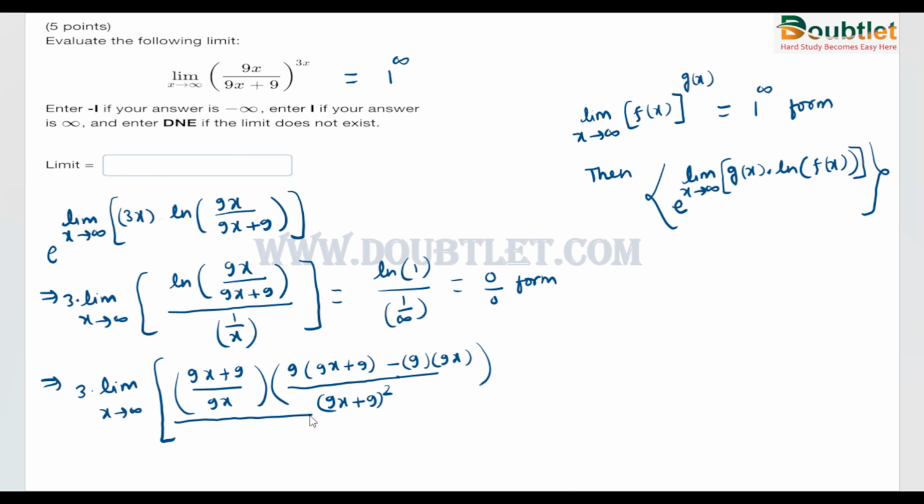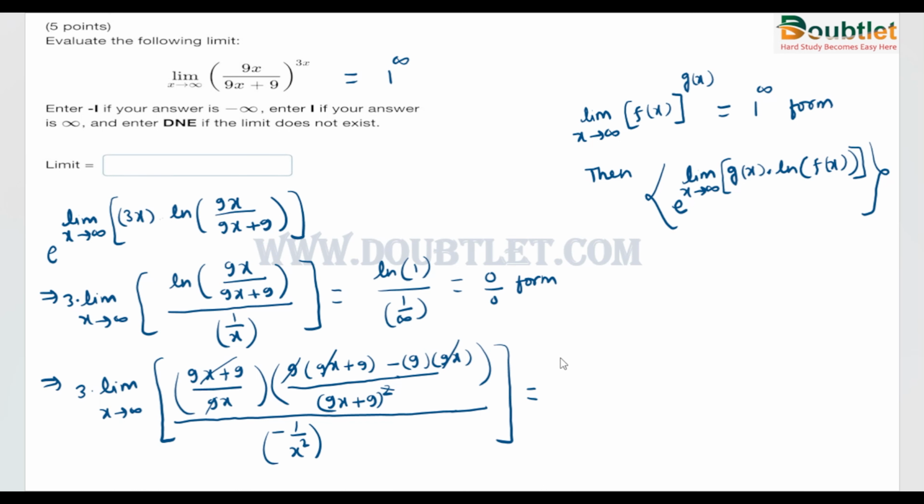And the differentiation of the denominator will be minus 1 divided by x square. So we have to solve this now. We can cancel one factor, so a square will be removed. This is 81x, this is also 81x, so it will be cancelled, so it will be 81. So 9 is again cancelled by this.